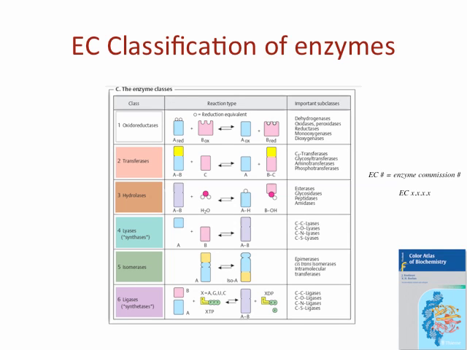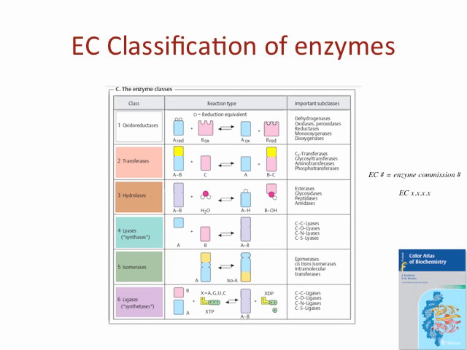The enzyme commission number, or EC numbers, for enzymes classify what type of reactions they carry out. It is a 4-digit code as shown to the right of this slide. The first digit refers to the major classes of enzymes, and there are 6 of those, and they are illustrated in this slide.